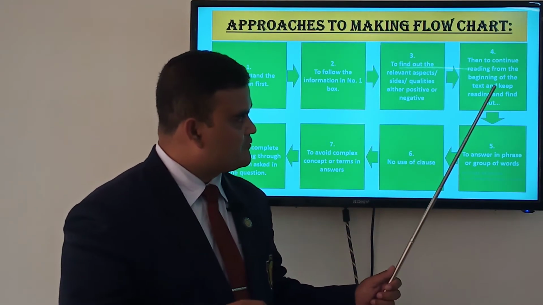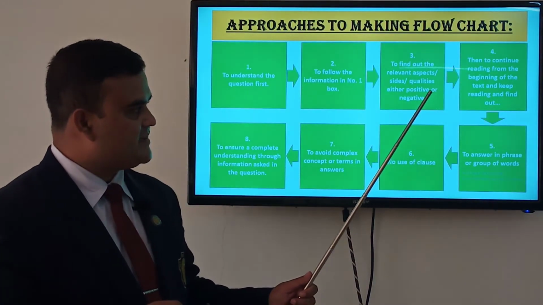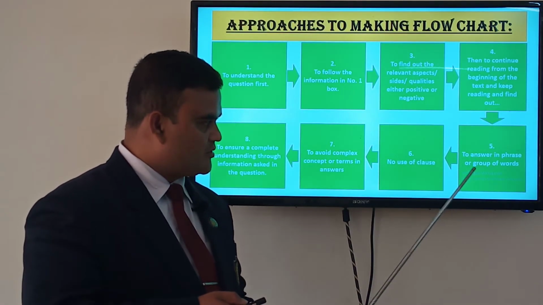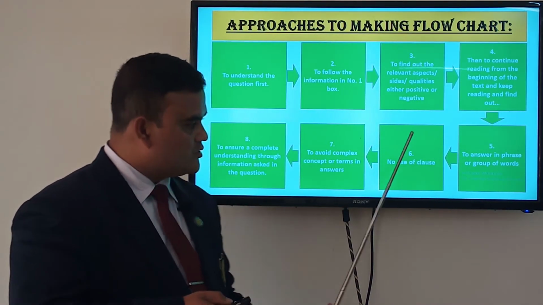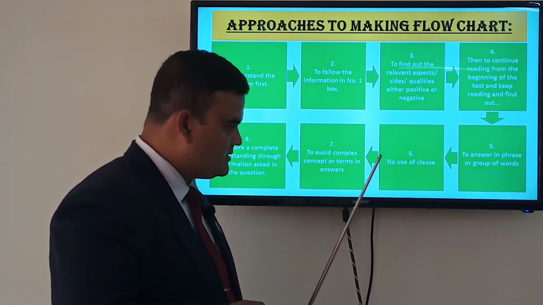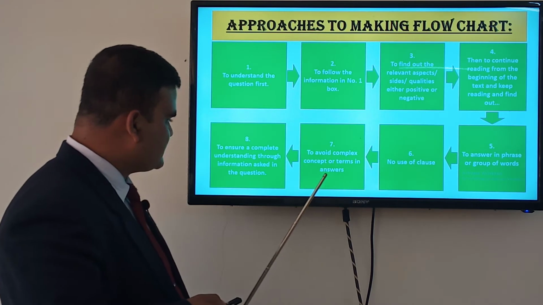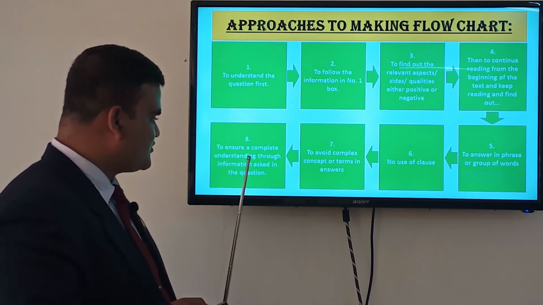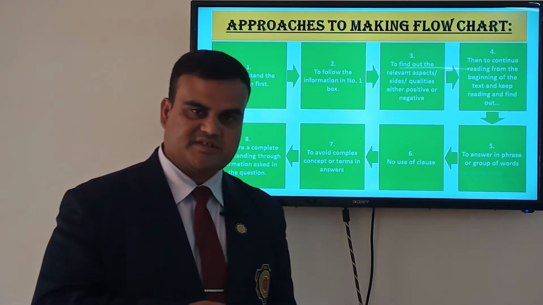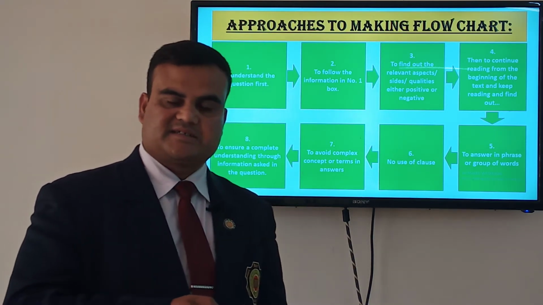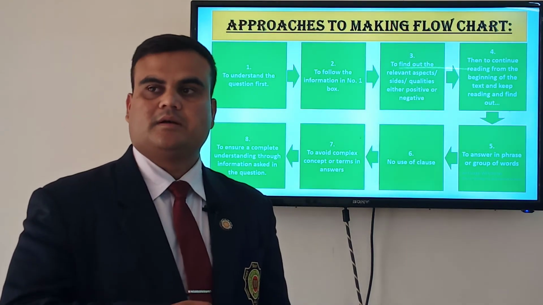Then to continue reading from the beginning of the text and keep reading to find out. To answer in phrase or group of words, no use of clause. To avoid complex concepts or terms in answers. And finally, to ensure a complete understanding of the information asked in the question. These are the techniques before answering our flowchart.